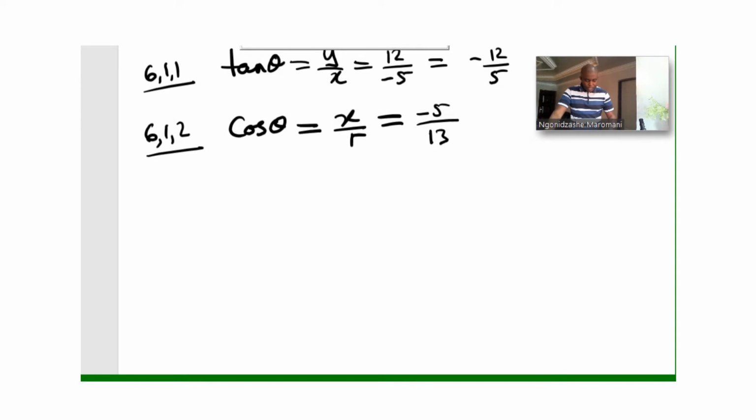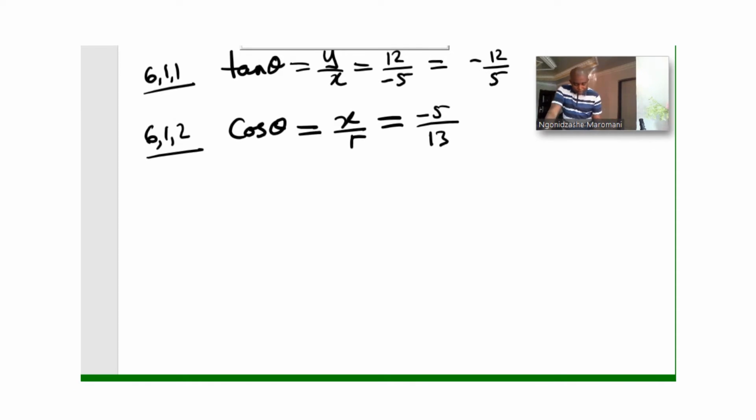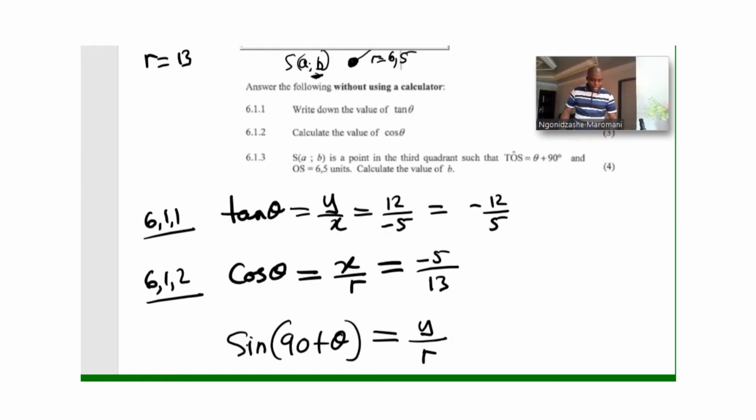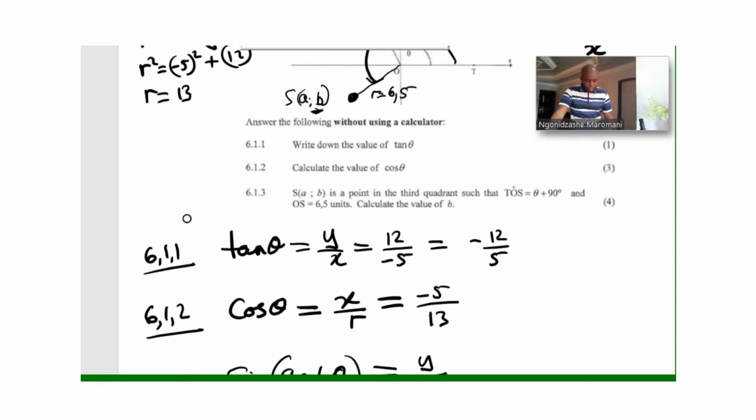So which means here it now becomes sine of 90 plus theta is equals to, we know the formula, y over r. But if we look at this, we can see that we are looking for B. So let's do our substitutions now.